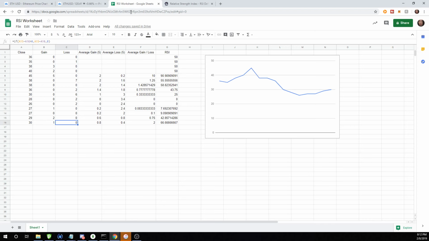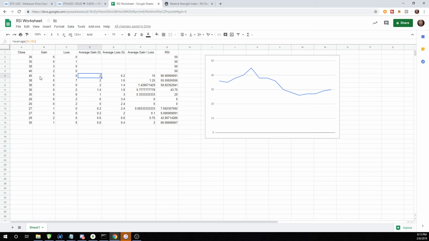For this field right here, we want to look back 5 candles and compute the average gain. We want to take all of these numbers and divide them by 5, which is exactly what we're doing. The average of B2 to B6, right?